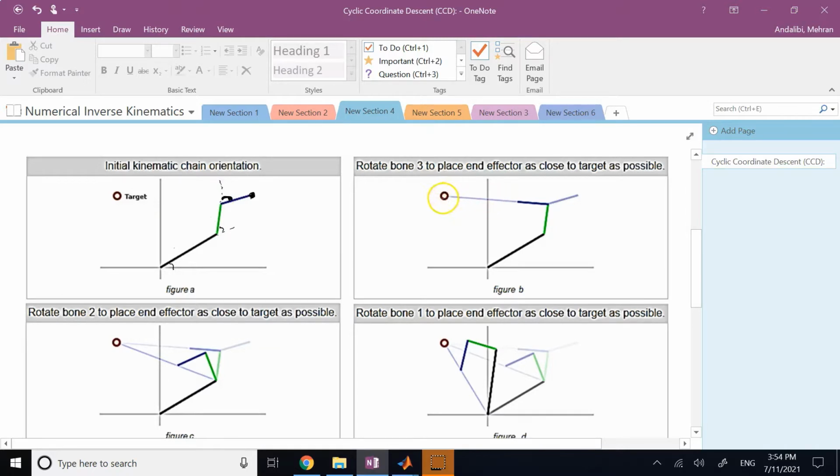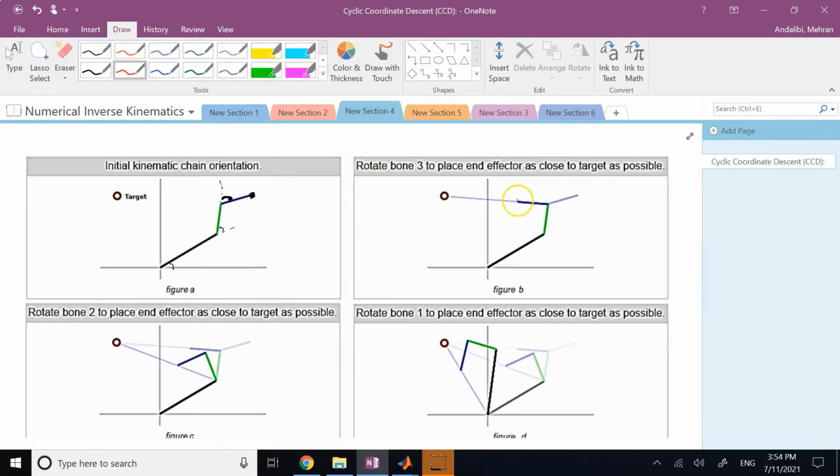All I need is to connect my target point to joint number 3, the joint that I'm moving right now, the joint that I'm rotating, right? Remember, the only thing we are going to rotate about is this joint. You connect that joint to the target by a line, and then try to rotate your third member so that it aligns with this connecting line here. Whenever they align, that is the shortest distance between your end effector and your target. So by rotating your joint 3 only, you try to make it as close as possible.